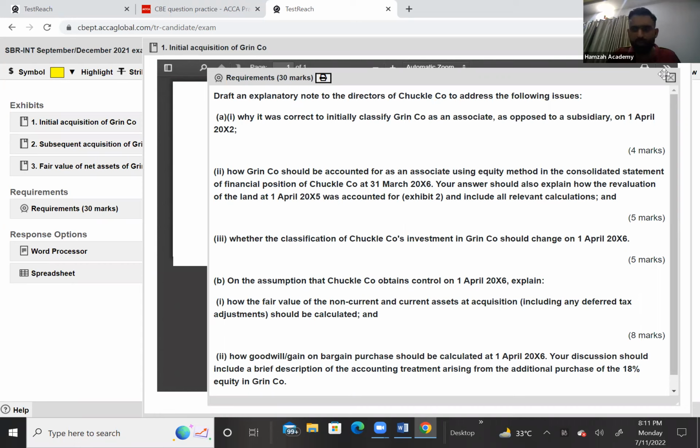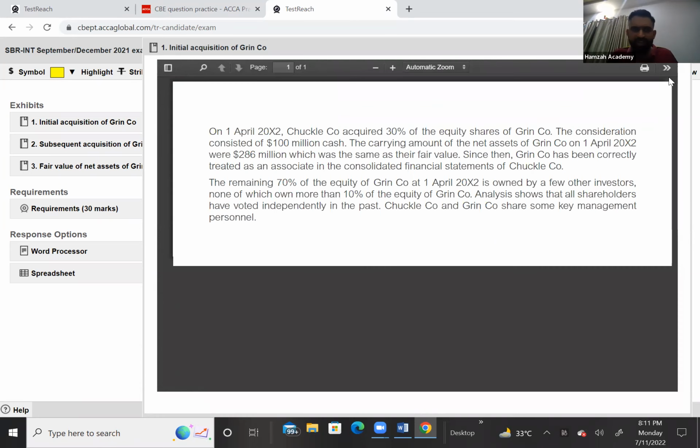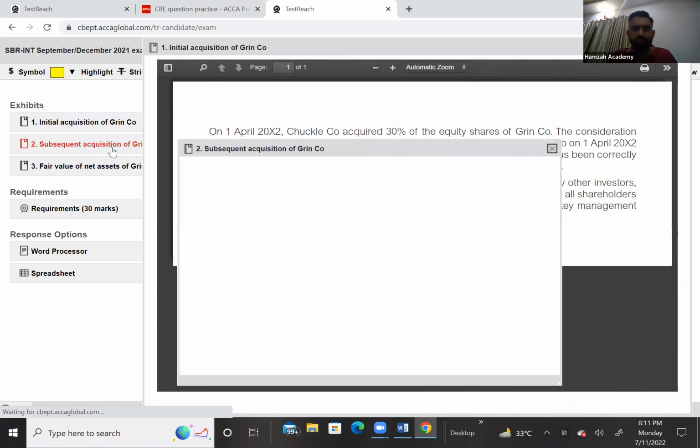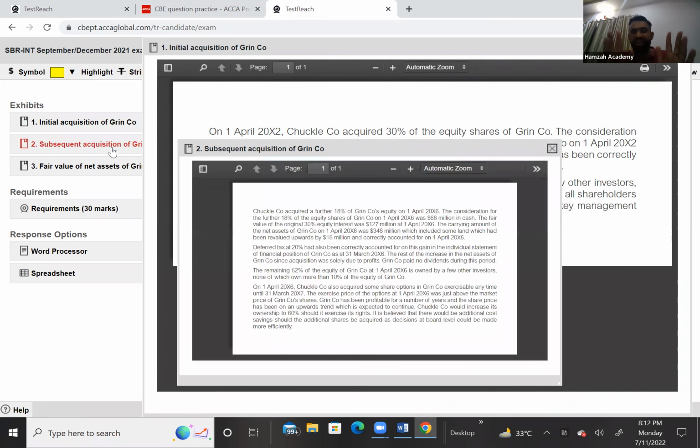When you have read it, you will move on, because in the exam you have a total of 3 hours and 15 minutes, and out of that, 15 minutes is reading time. So I suggest that before starting the exam, you should first read the questions. Give a quick review of the questions, first select the question which is an easy one, and then start your paper.